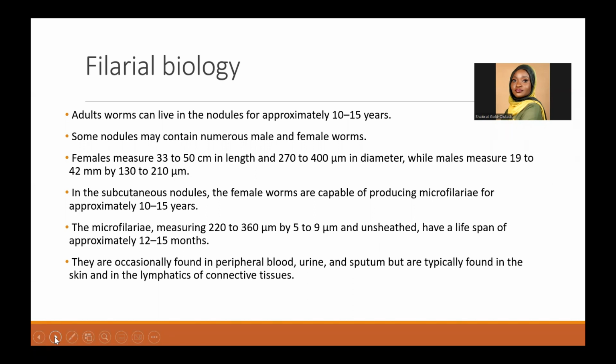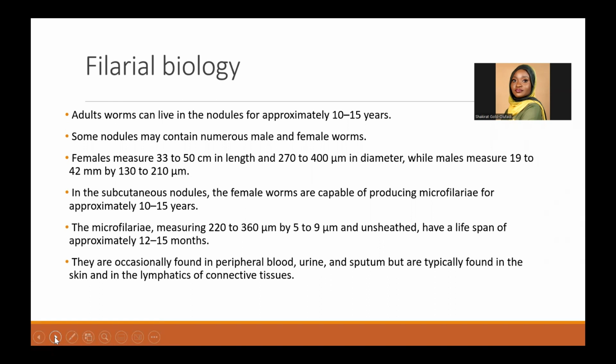And then, of course, the baby worms that it produces, or the microfilariae, are much smaller, and they live for about a year before they are either transformed or die off.